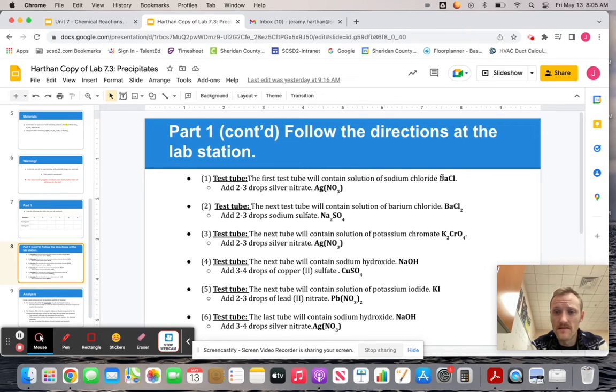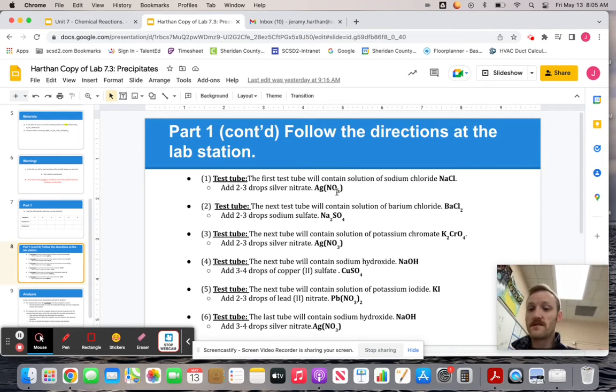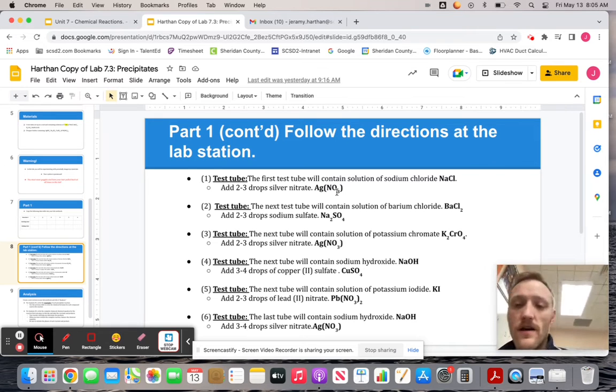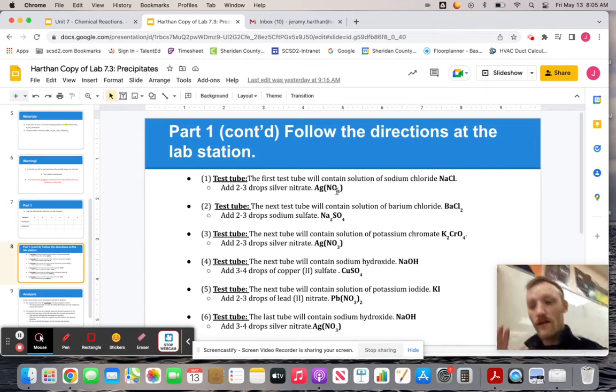So we know we're going to mix NaCl with AgNO3. How you'd write that is just like we see on the board here: NaCl plus AgNO3. We're going to have to do that for all 6 of those reactions, so go ahead and pause the video. Again, I got NaCl plus AgNO3, and then have your arrow.